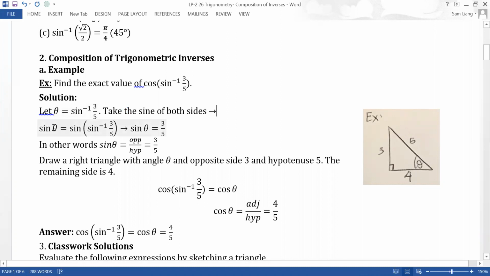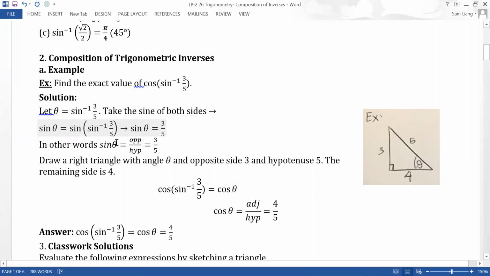Now, the left hand side is going to stay the same in the next step, but sine of arc sine is just 3/5. Because they're inverse functions, if you compose two inverse functions, you get the independent variable, or the x coordinate, like 3/5 in this case. So the equation will become sine theta equals 3/5.